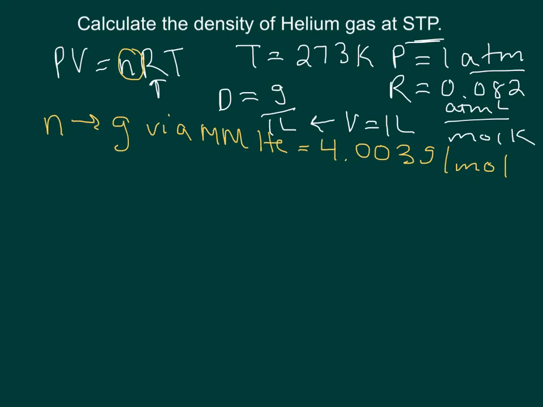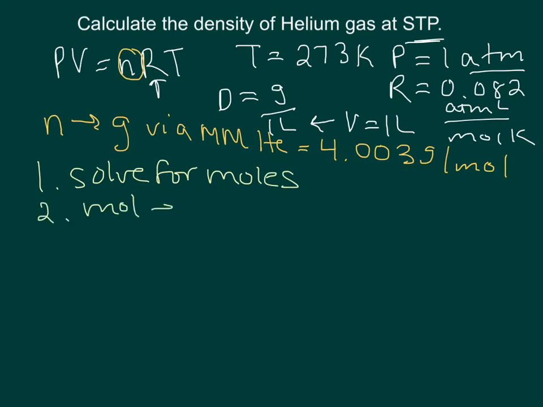So to do this, I'm going to set up my equation solving for moles first. And then once I get moles, I'm going to convert my moles to grams and divide by my 1 liter to get me my density, which is my number of grams per 1 liter.